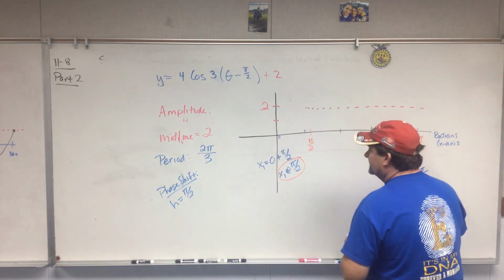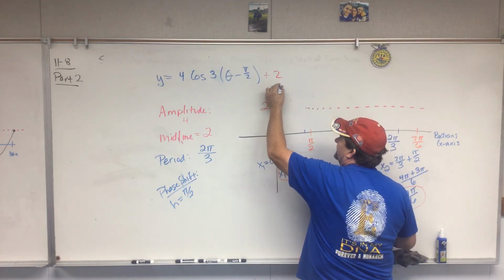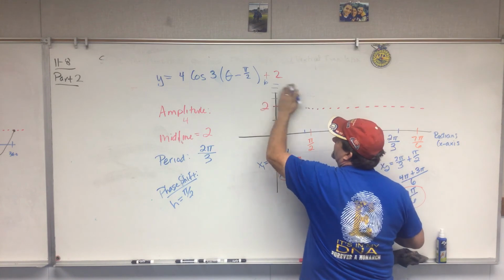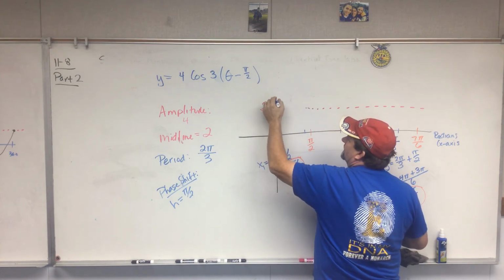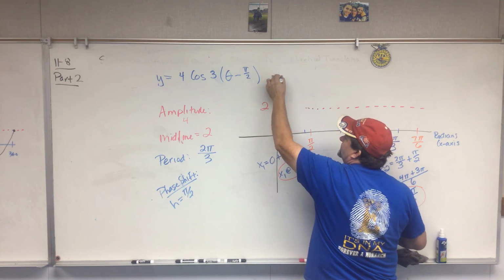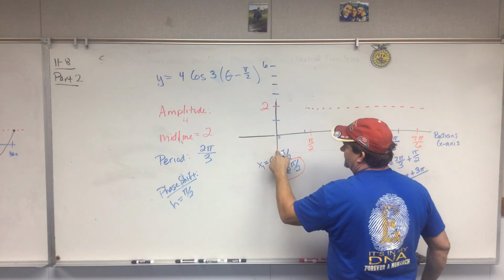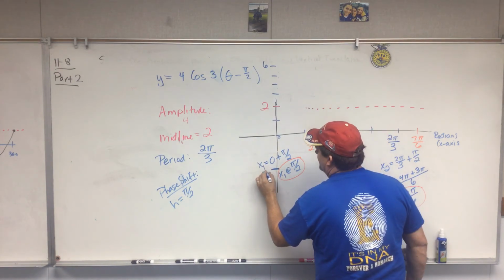And I know my amplitude is 4. 1, 2, 3, 4. It's up at 6. This isn't going to look right. I'm going to have to erase that. 1, 2, 3, 4. That's at 6. 1, 2, 3, 4. It's down here at -2.